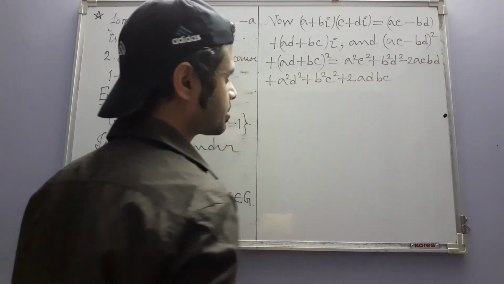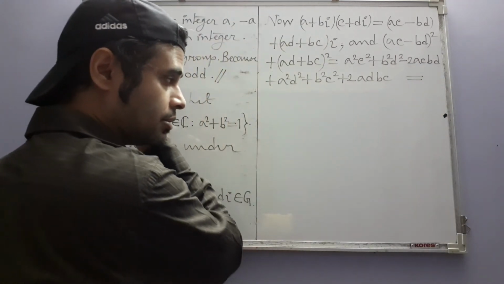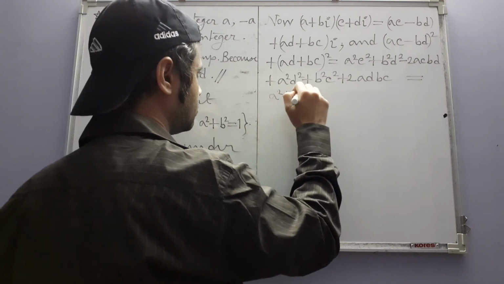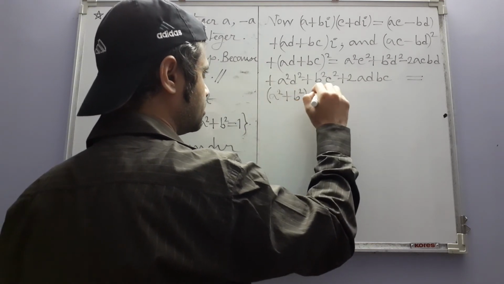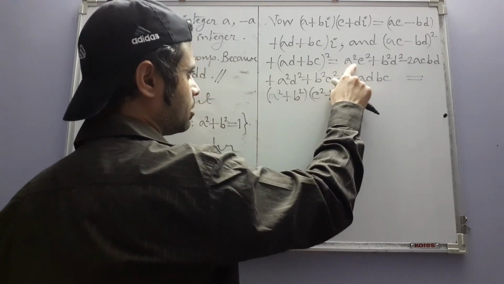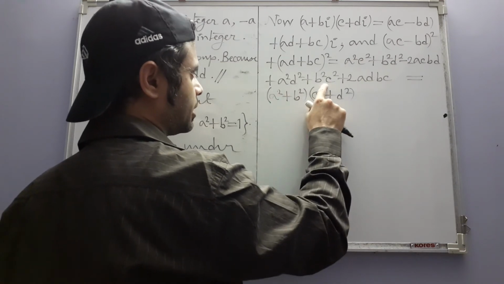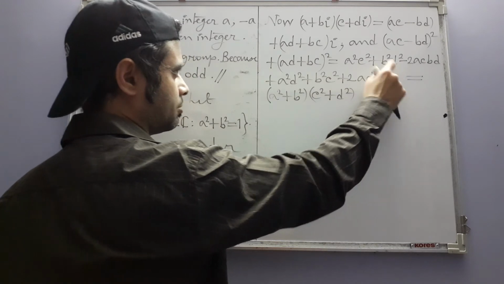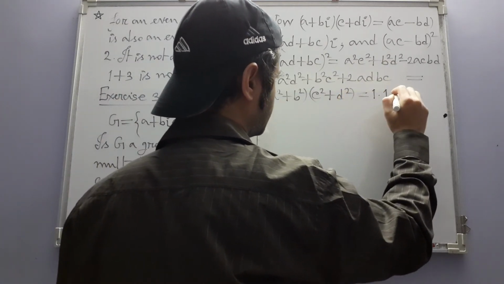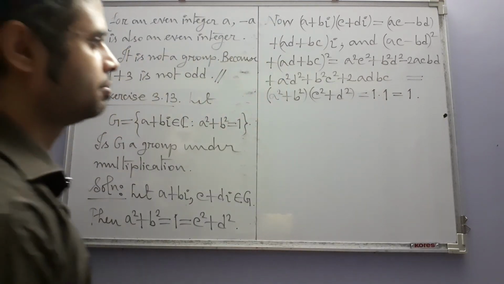These two things cancel each other, and whatever remains is equal to a square plus b square times c square plus d square. That is a square c square plus a square d square plus b square c square plus b square d square. And both of these things are equal to 1. So here also we are getting 1.